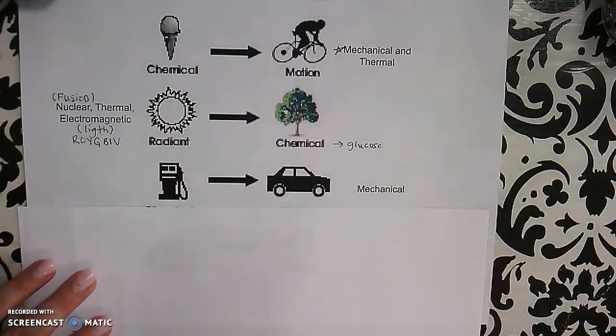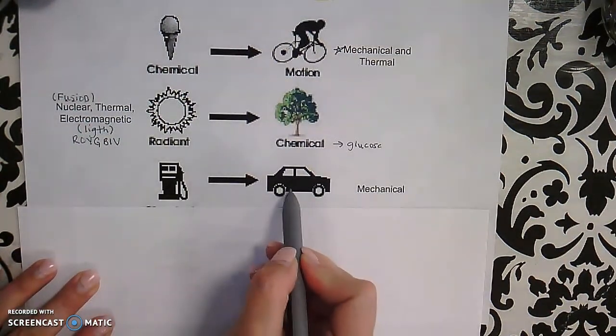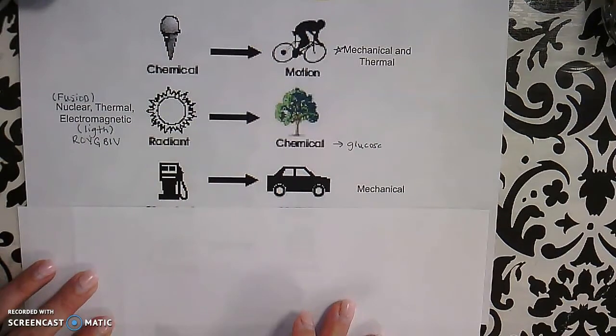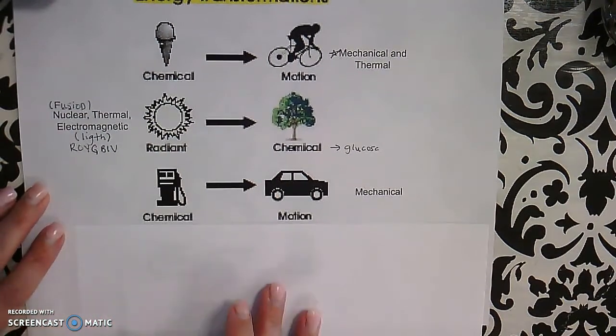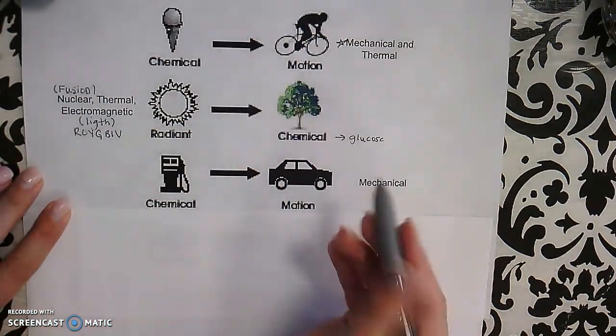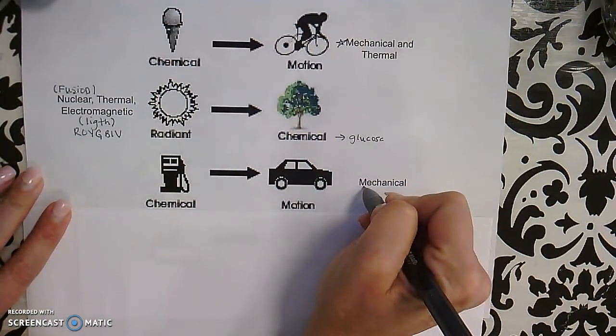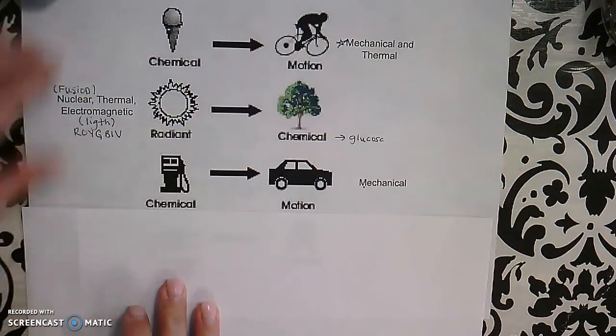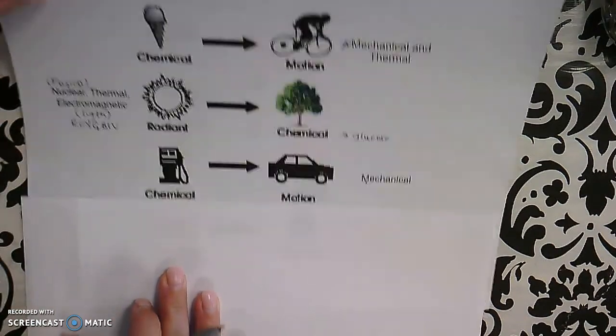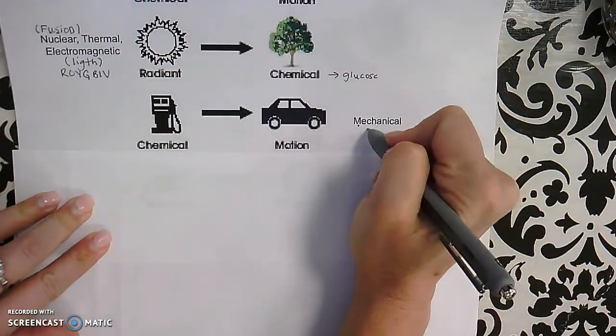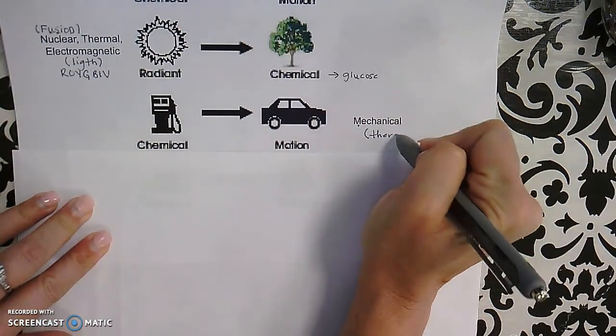Then we have gasoline going to a car. Gasoline is a type of chemical energy. And the car is motion, and we know from our notes that we're going to call that mechanical energy. The car engine's also going to get hot, so we know that a side might be thermal.